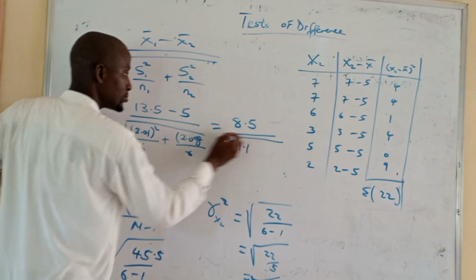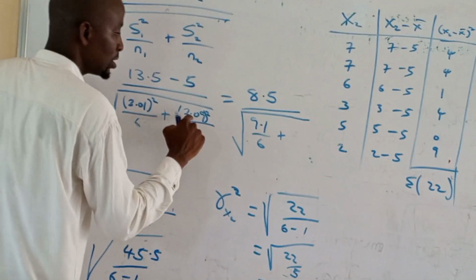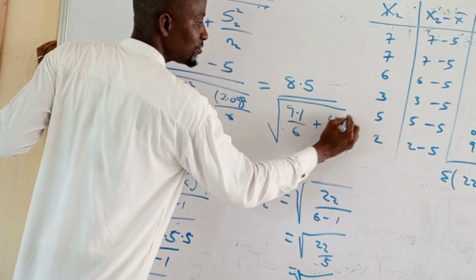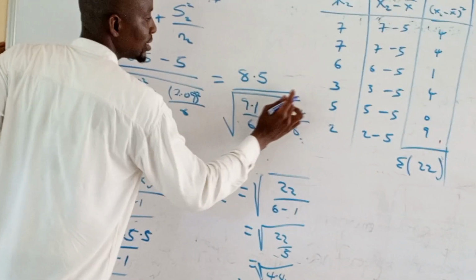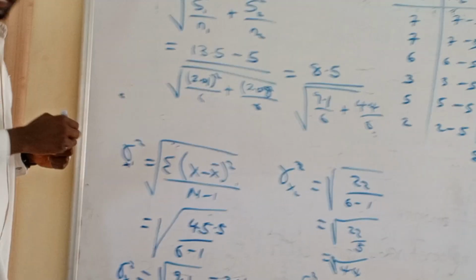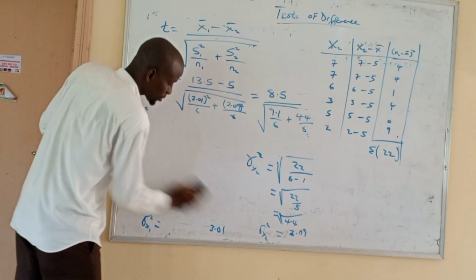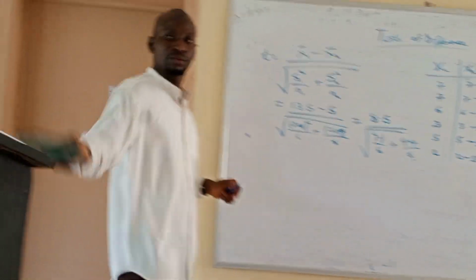Am I right? 9.1 divided by 6 plus, when you square the other, you will get 4.4, divided by 6. Once you are able to get that, we are going to deal with the denominator now, one after the other, because we are already done with the numerator.